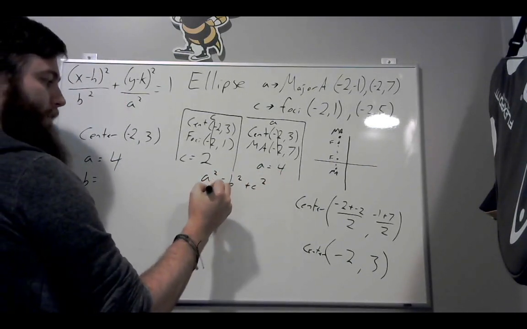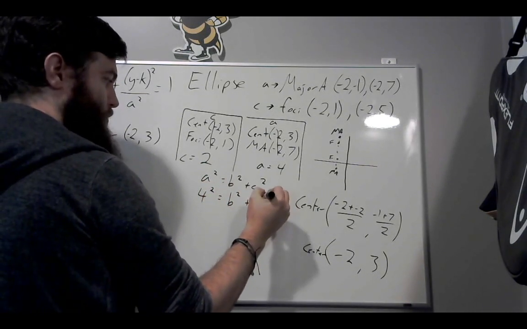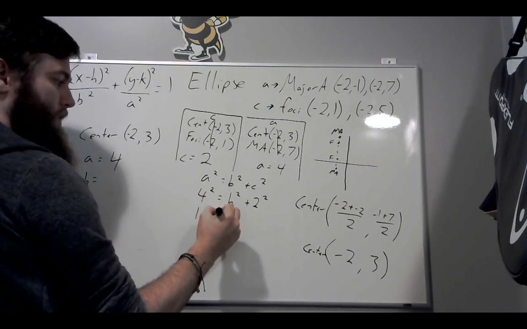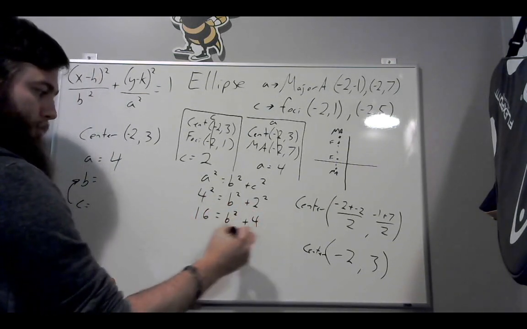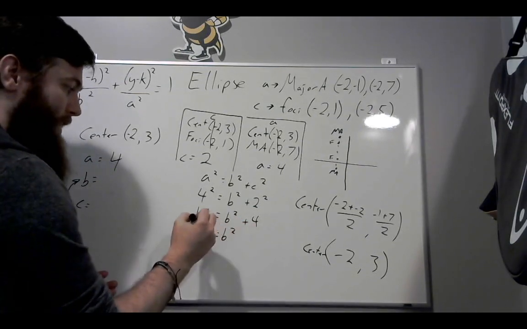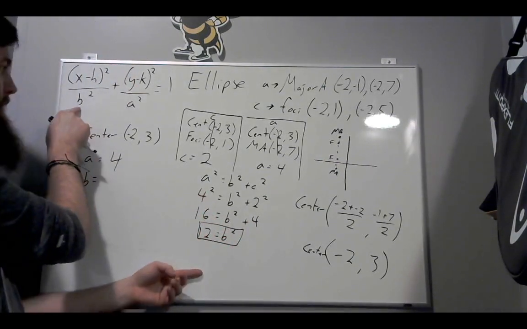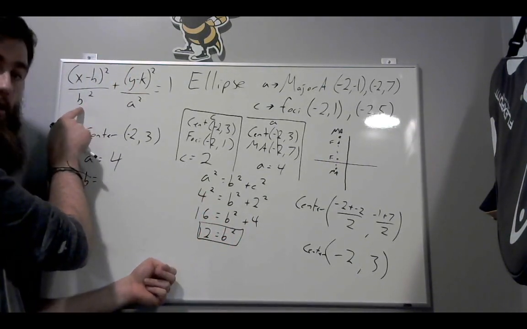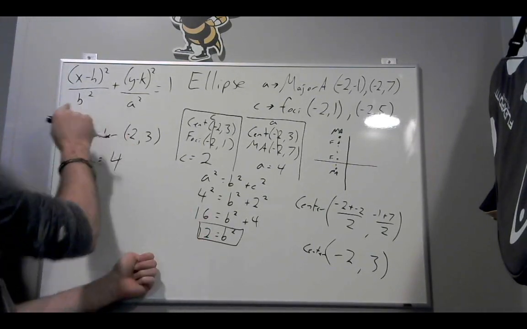So we have 4 squared equals B squared plus 2 squared. So 16 equals B squared plus 4. So subtract that over, we get 12 equals B squared. So again, we don't have to take the square root of that, because in the formula itself is a B squared. So I could just use that fact at this point.